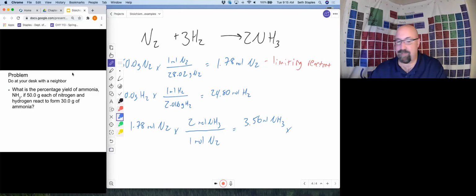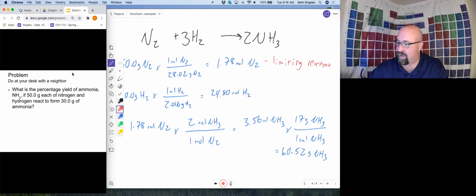We can then multiply by the molar mass of NH3, 17 grams of NH3 per every mole of NH3. Means that I'm going to produce, theoretically, 60.52 grams of NH3.